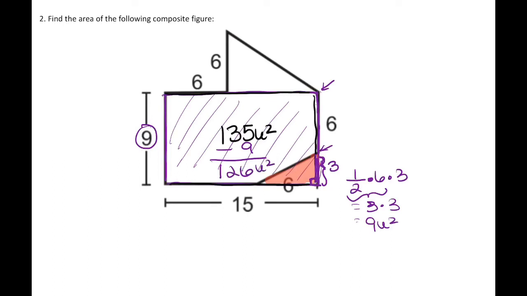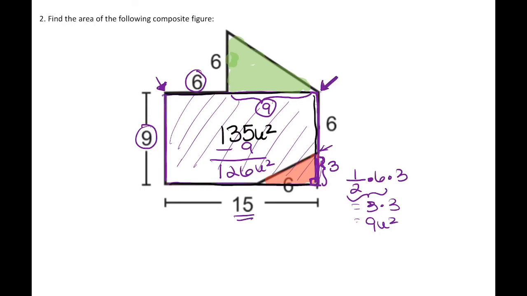square units. Now, we're not through with this problem. I have one more shape that we have not figured out the area of, and that's this triangle that's right here at the top. We kind of remember what we did last time. We had to figure out that base part right there, and that base part was 9, because 6 plus 9 is 15, because we know that from here to here is 15 units.